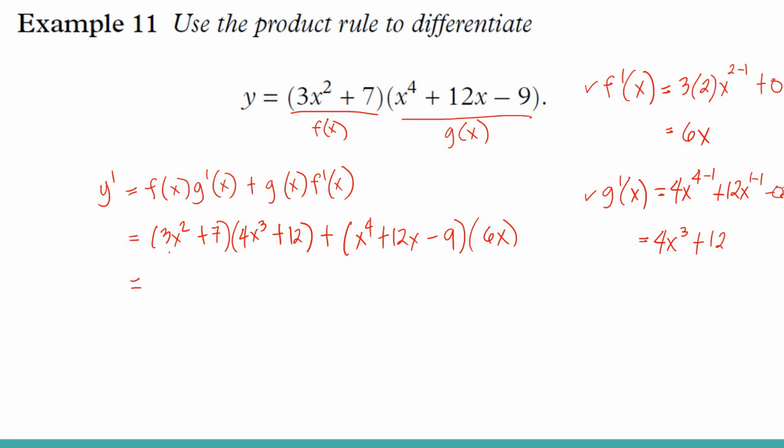So simplifying this one, this will become 12x raised to the power of 5 plus 36x squared plus 28x cubed plus 84.